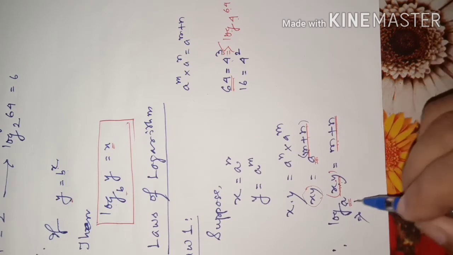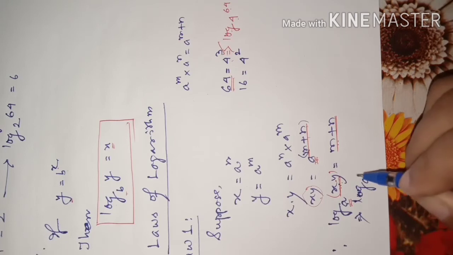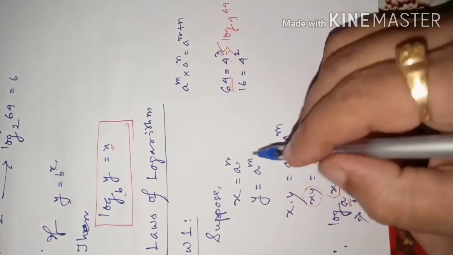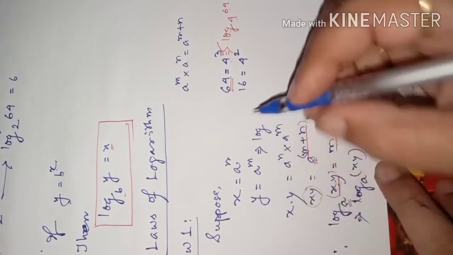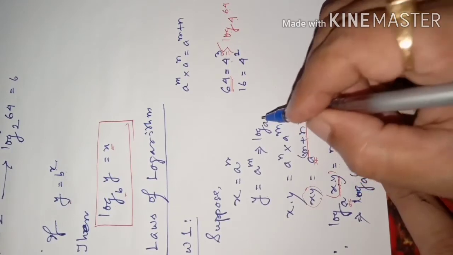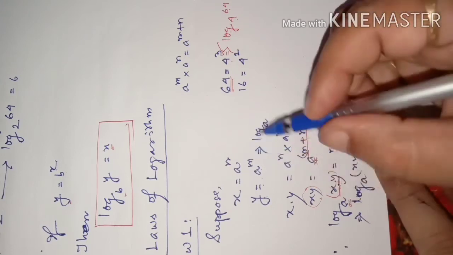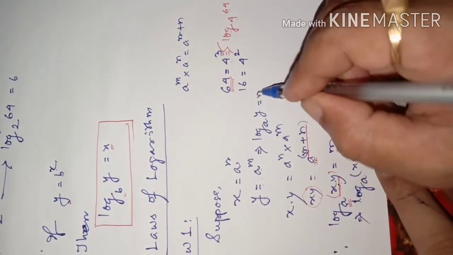Now log to the base a of xy is equal to m plus n. Here m is the logarithmic value of y, because y is equal to a to the power of m. So this can be written as log to the base a of y is equal to m.